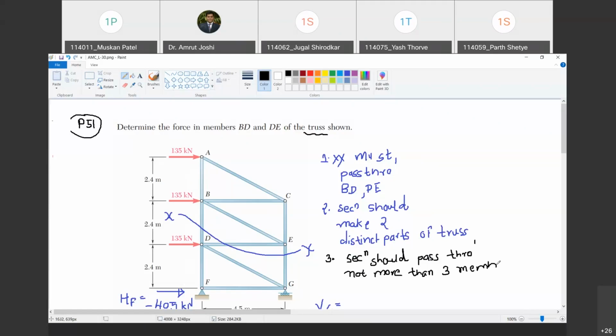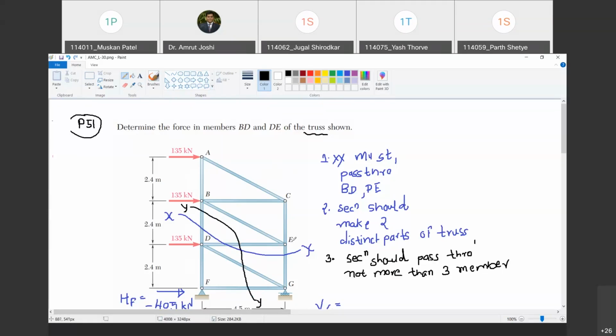Yes, sir. For example, I could as well have taken a section which passes through BD and DE and divides the truss into 2 parts. For example, this is the section. Do you agree with me? If I take a section like this, it passes through BD and DE. Let me say this is the section YY. Now tell me, does this section YY pass through BD and DE?